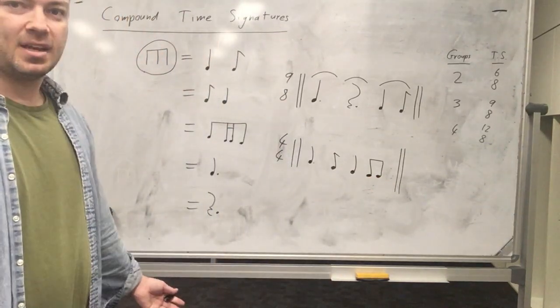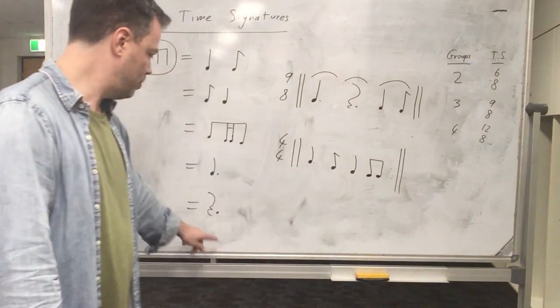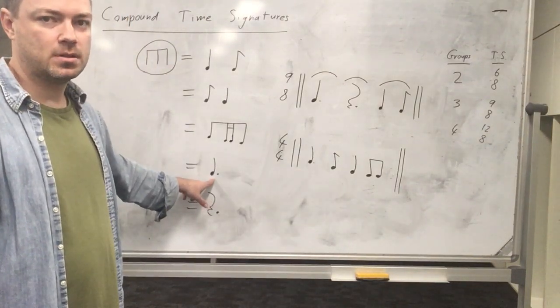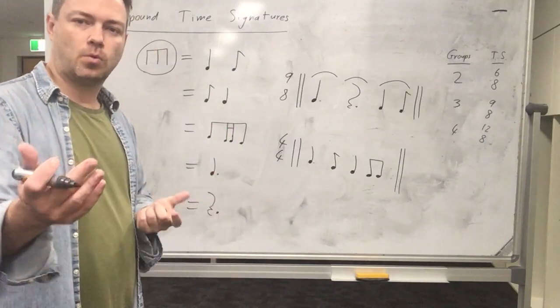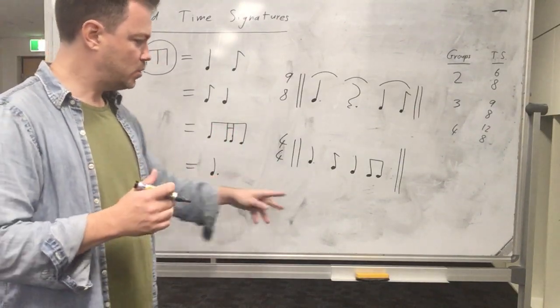And you'll notice that it has one of our common groupings for compound time signatures. So that's where it's not always cut and dry. Most of the time, and certainly what we're doing here will be like that, but you will get the odd one.